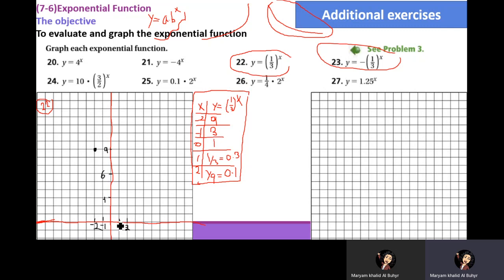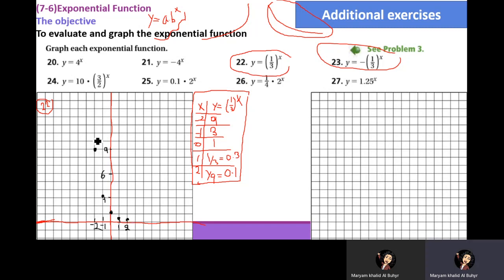Now -1 and 3 will be here. Finally, we have 0 and 1, which will be here. Also, we have 1 and 0.3, which is just taking 1/3 from the square that you have. Then you have 2 and 1/9, which is 0.1, very close to the x-axis.